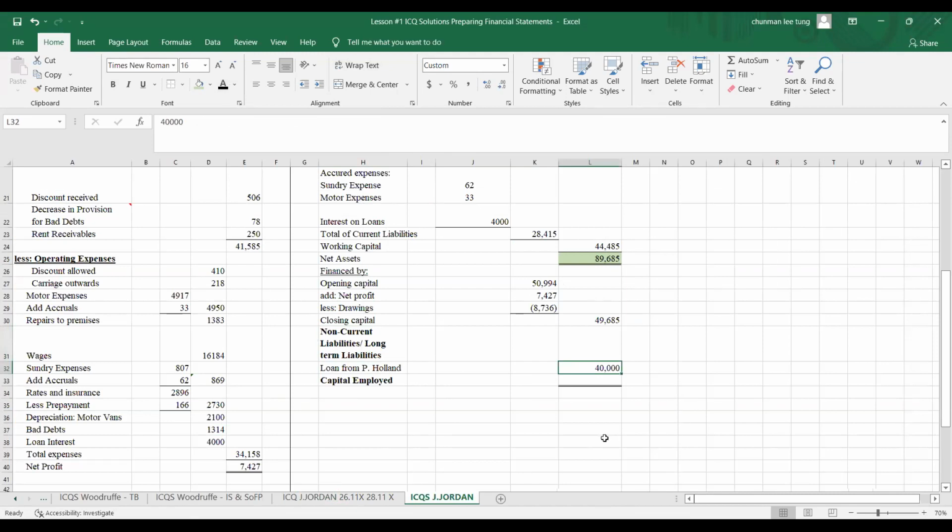That will go in our long-term liabilities. So now we reach the end, which is our capital employed figure. We have to add the 49,685 and our 40,000 to get our 89,685. This is when we know we are correct.